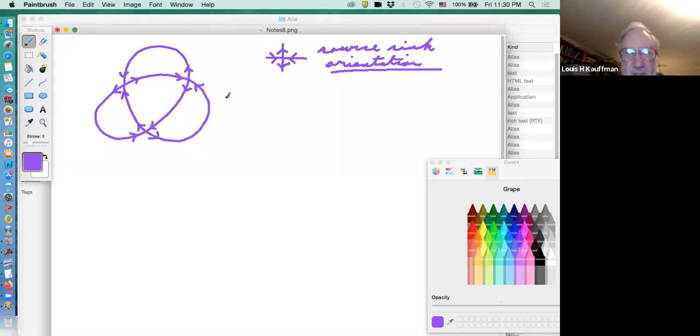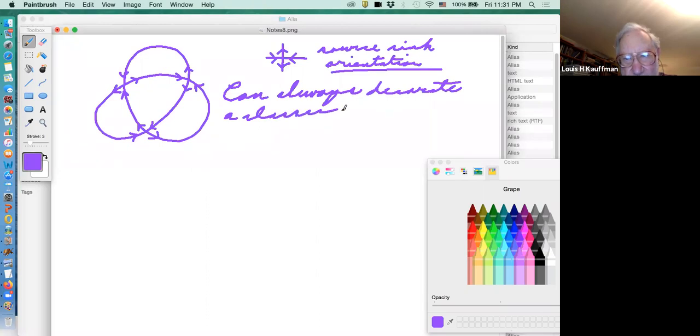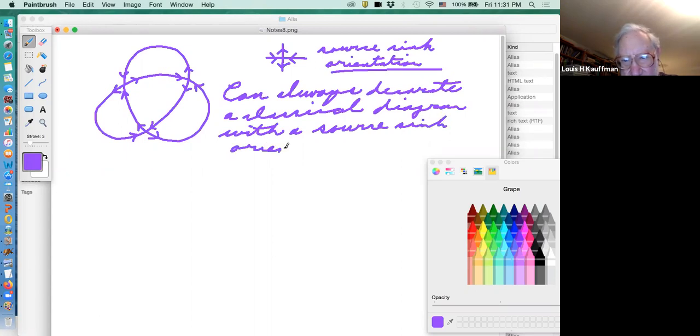You can always decorate a classical diagram with a source sink orientation.